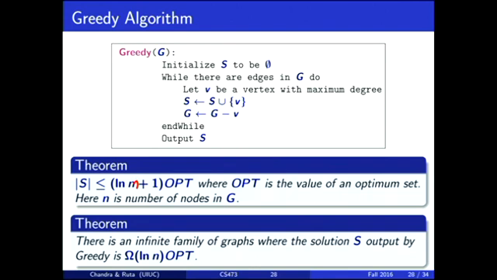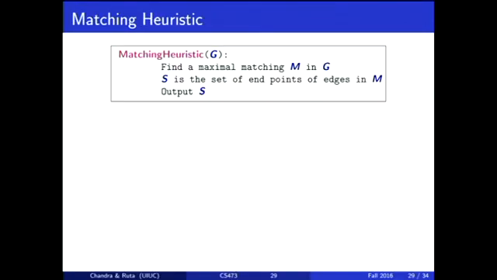So I'm going to give you a different heuristic, which looks a little bit more magical, even though it's also extremely simple. Here is the other heuristic. You find a maximal matching M in the graph G. What is a maximal matching? Not a maximum, maximal.